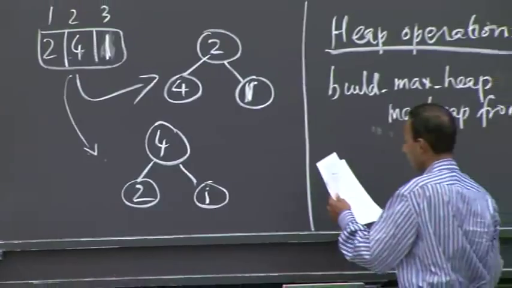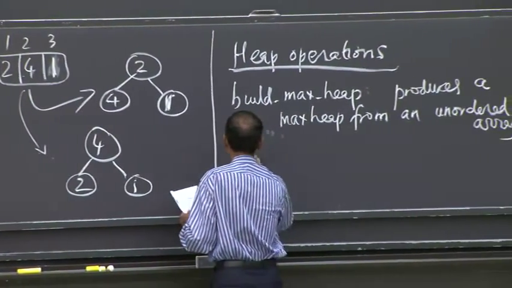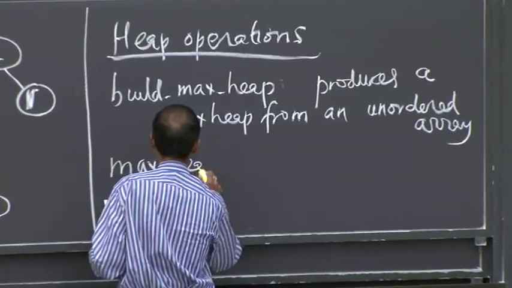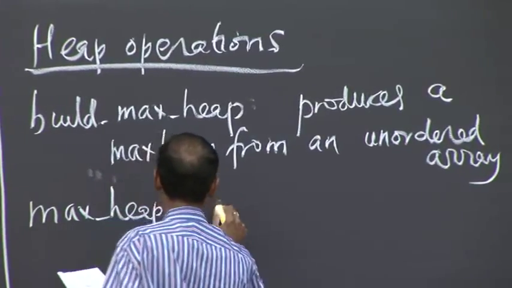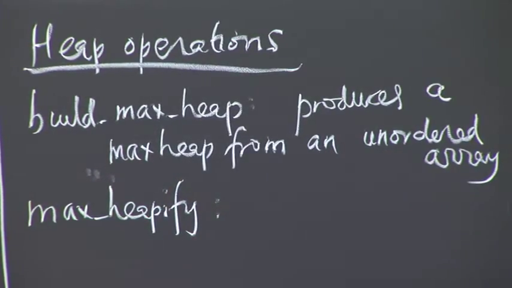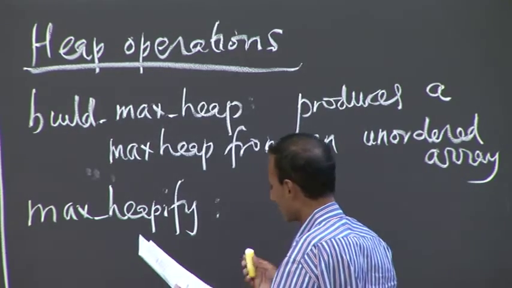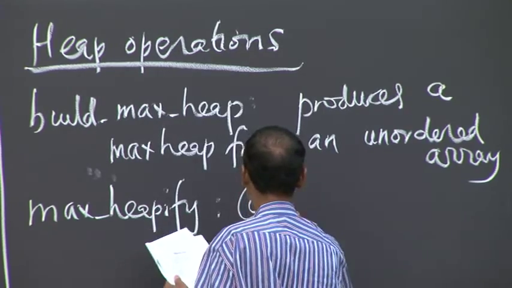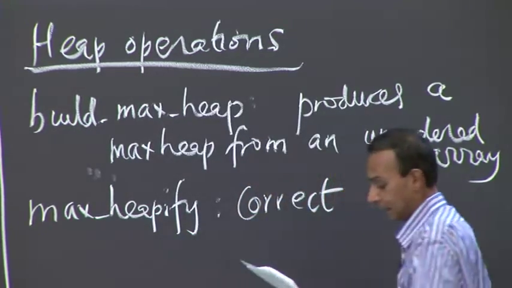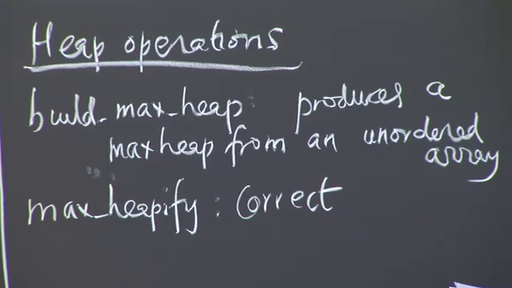In order to do build max heap, the first procedure that I'm going to describe to you is called max-heapify, right? Heapify, right? Sounds a little strange, but I guess you can ify pretty much anything.